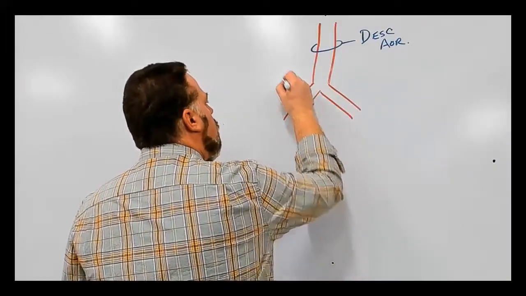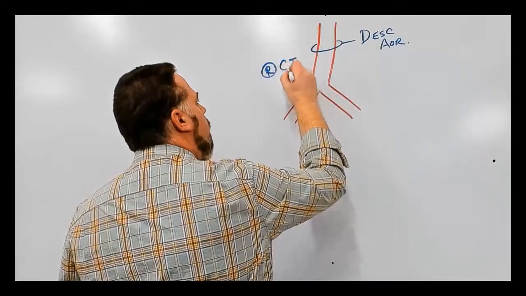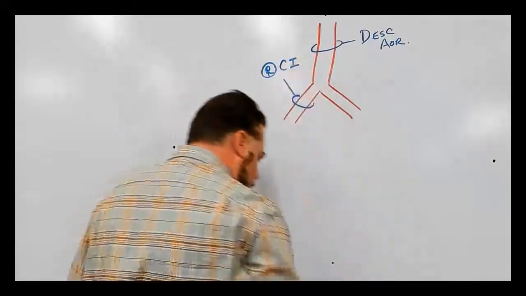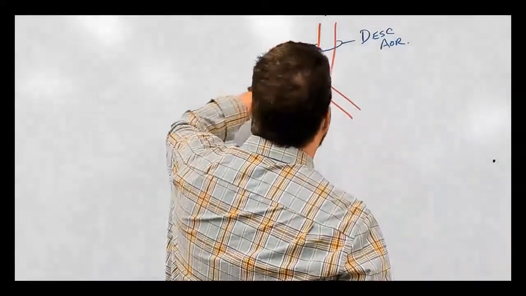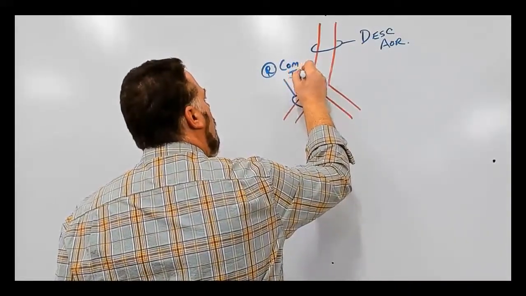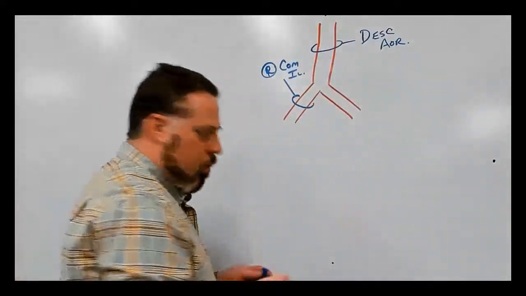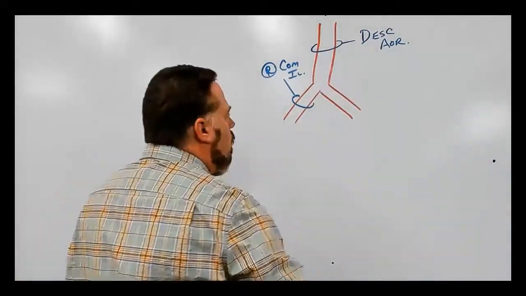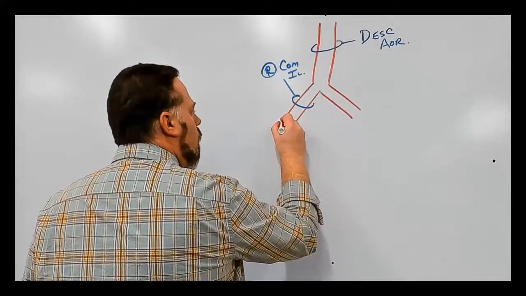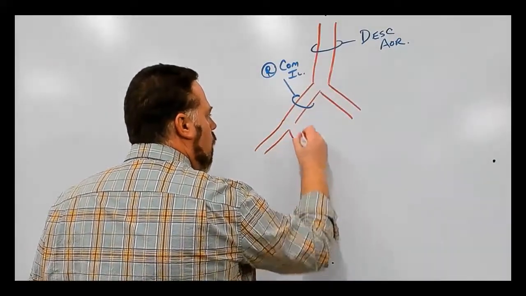So this is going to be the right common iliac, and that's the left one, of course. And then this will be splitting up. Again, one will go this way, and one will go this way.